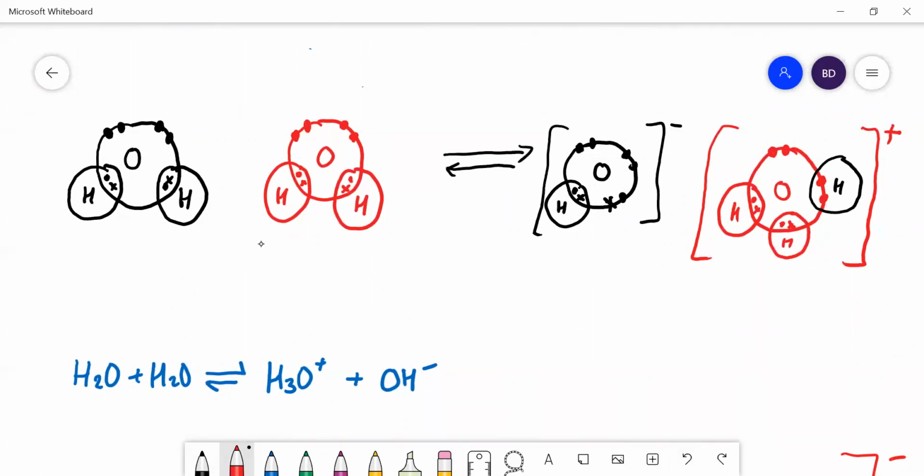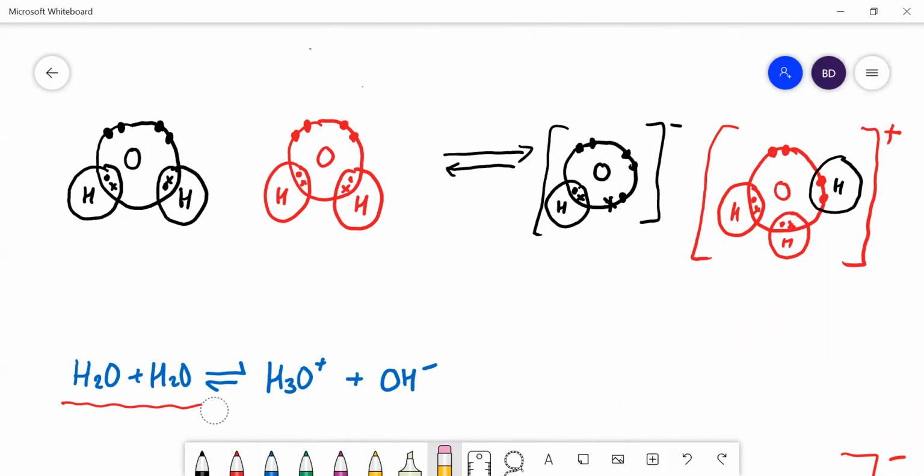This reaction happens in water. About 1 in 10 to the 7 molecules will do that. Most water is just H2O. So we'll do that when we come to acids and bases in year 13.